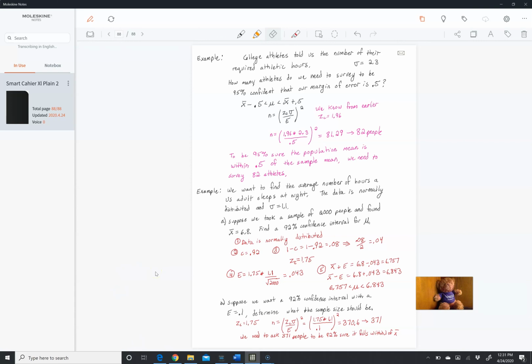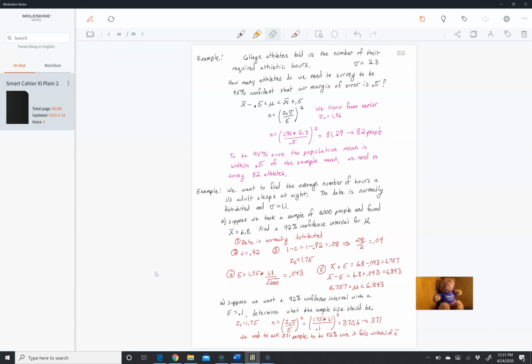Okay, so very quickly. One, we're saying that we can determine an interval for the population mean based on the sample mean. So all of this was about taking the sample mean and saying, okay, it's not perfect. It's not exactly the population mean, but we can create an interval for the population mean.